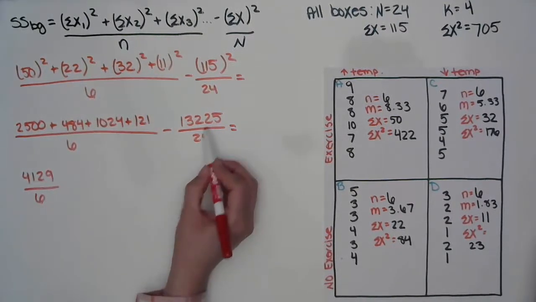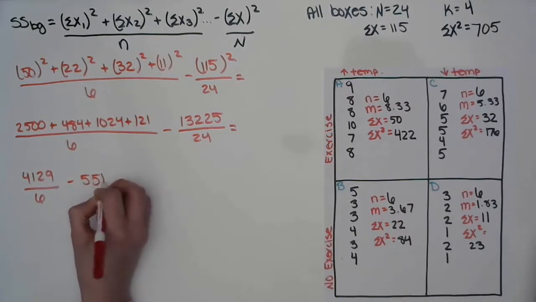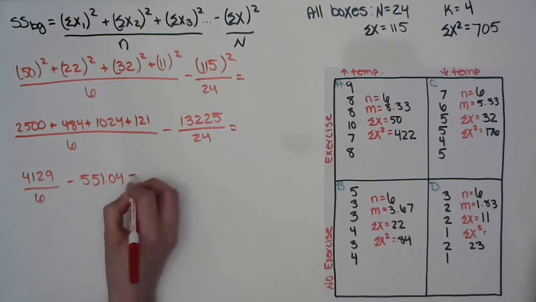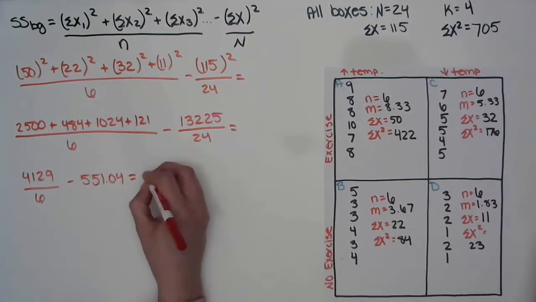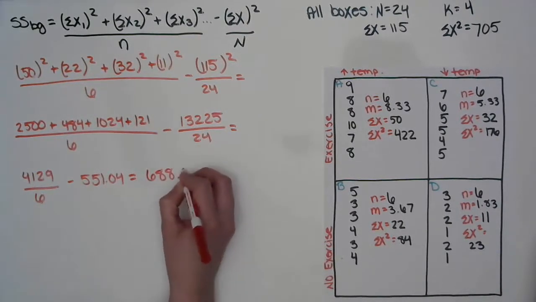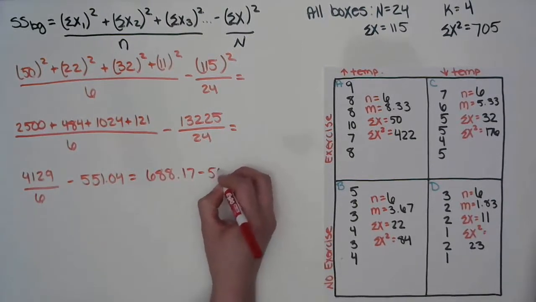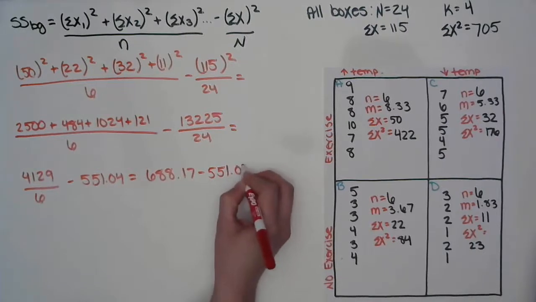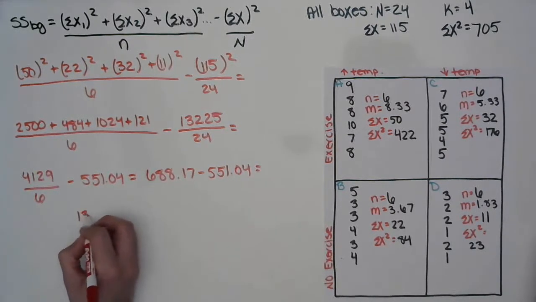We can divide that out, which gives us 688.17, minus our 551.04, and that gives us a final value of 137.13.